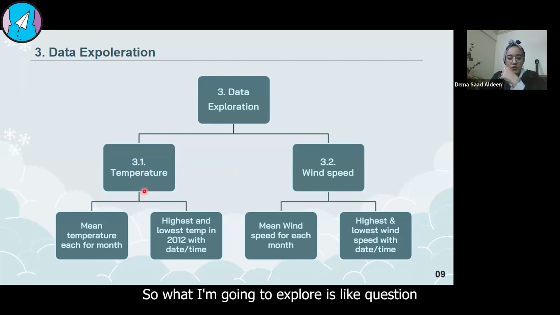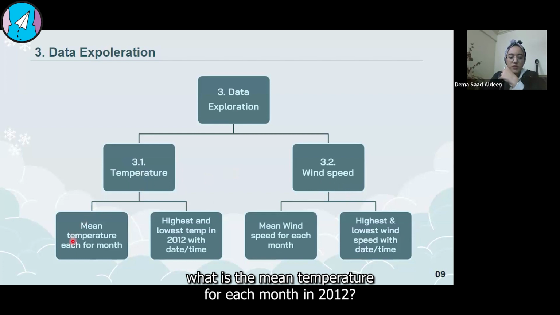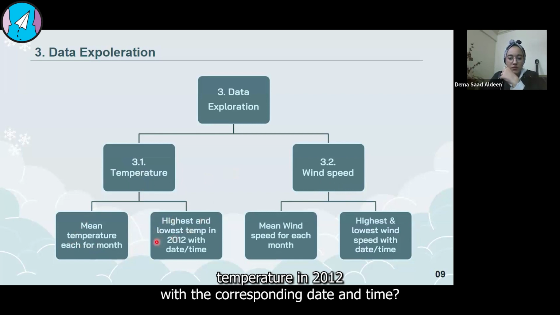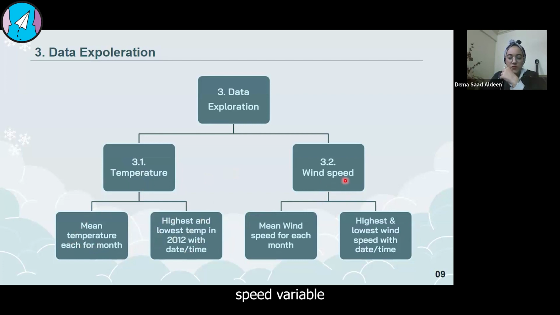What I'm going to explore is a question: what is the mean temperature for each month in 2012? And I have another question: what is the highest and the lowest temperature in 2012 with the corresponding date and time? And the same questions I could present for the wind speed variable.